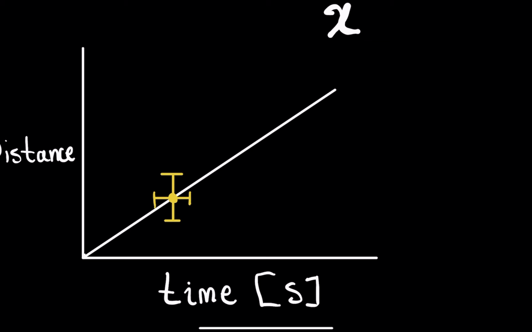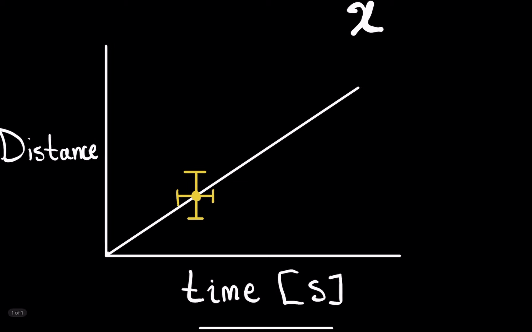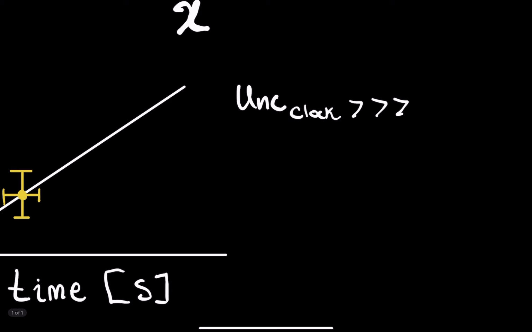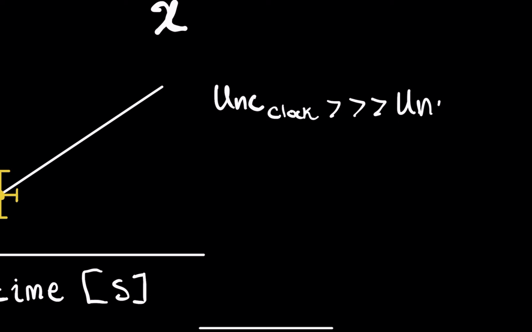So let's say that the total uncertainty on the stopwatch is much greater than the uncertainty of the meter stick.